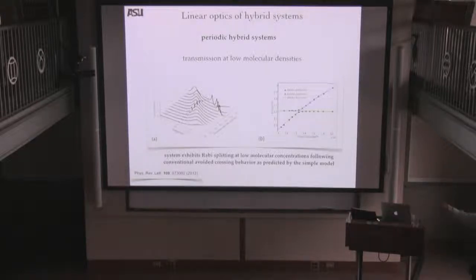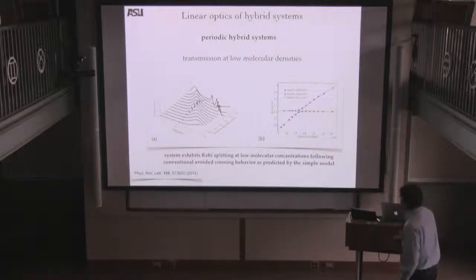So if you trace the position of these energies as a function of the period or the wave vector, what you will see is the upper polariton, the lower polariton, a very nice avoided crossing. Okay. Now, instead of doing these hardcore simulations, you can use a simple 2x2 matrix model, diagonalize that, and these numbers fall right on the calculations.